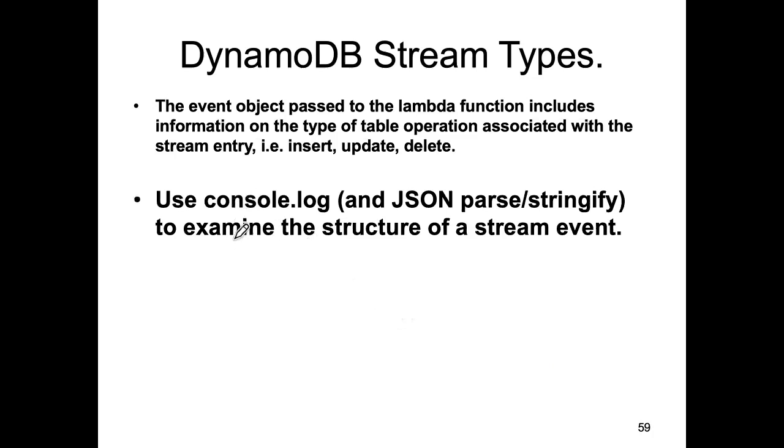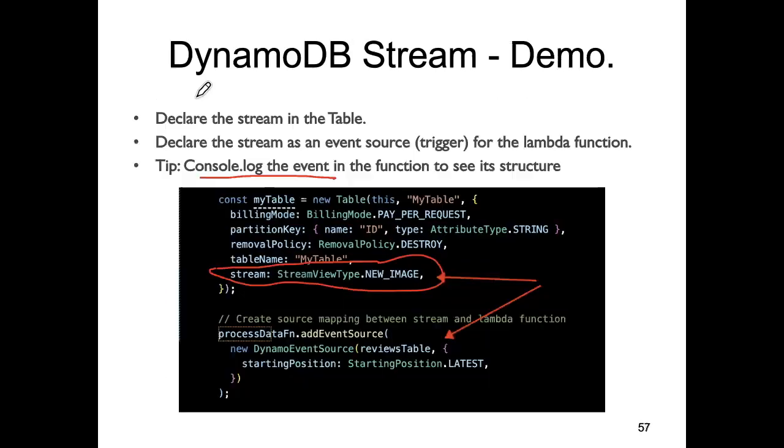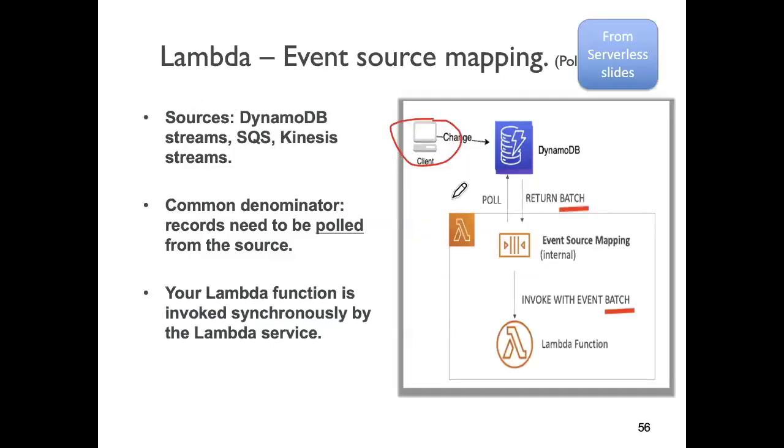Finally, I've kind of already said this, the event object passed to the Lambda function. Oh yeah, sorry, this is an additional thing. Our Lambda function, if I go back to here, now receives a batch of messages, I suppose, really, where each message corresponds to a stream entry.